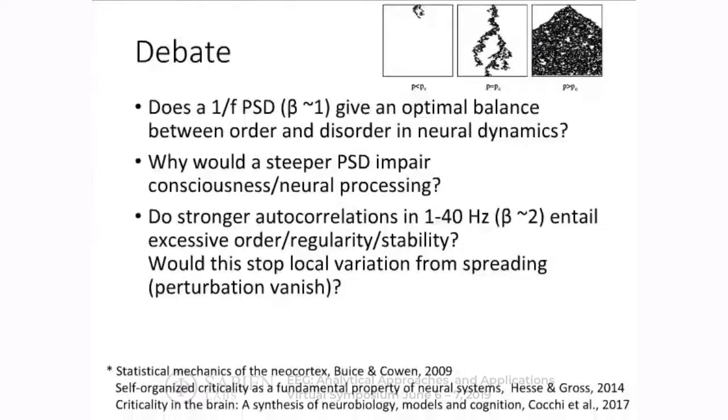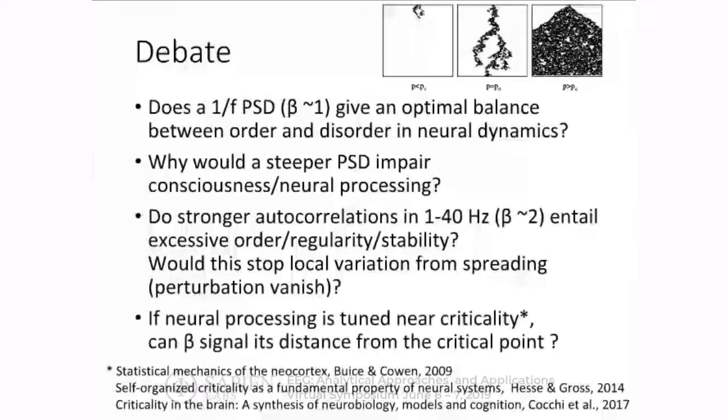And if we see stronger autocorrelation in the 1 to 40 Hertz range, does it mean that there is excessive order or regularity or stability, loosely defined? And would this stop local variation from spreading? Yeah, this is the framework I'm working on, but I have no definitive answers.